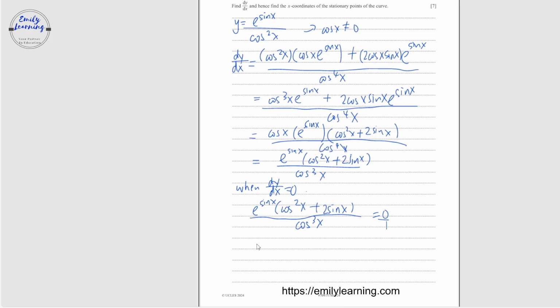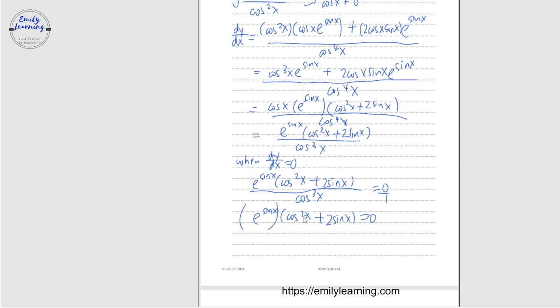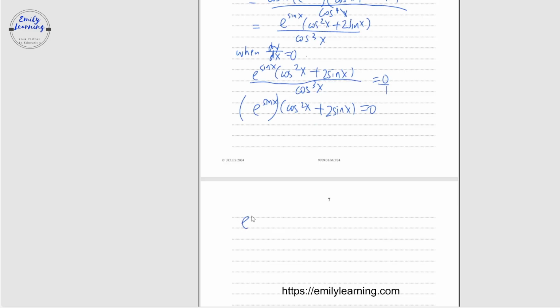Now I'll be left with this. I have two factors, and the multiplication of two factors equals 0. That means either one of them is 0. So I have e to the power of sine x equals 0, or cosine square x plus 2 sine x equals 0.